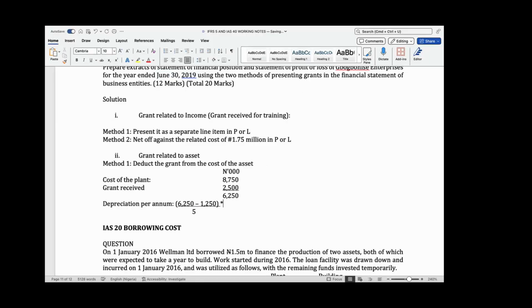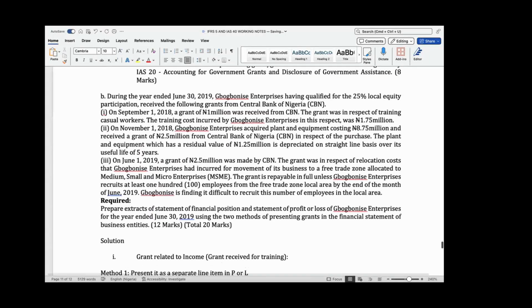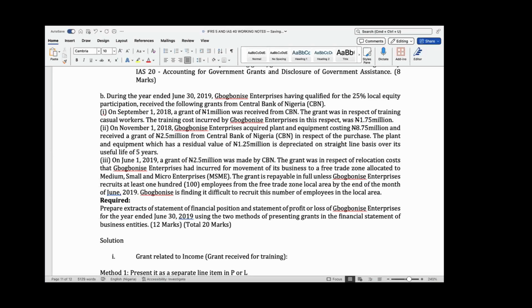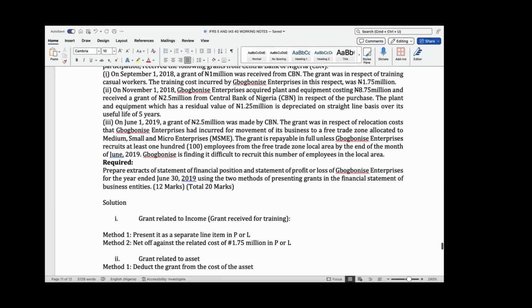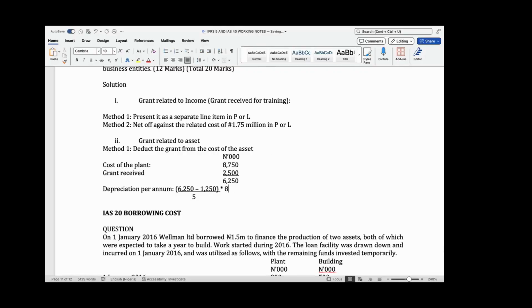Whatever you get is multiplied by the number of months over 12. Let me confirm: November, December, January, February, March, April, May, June. It's 8, so 8/12. Sorry for that.